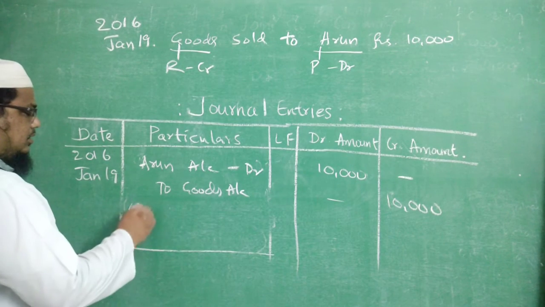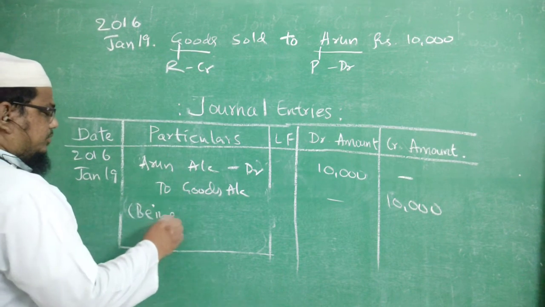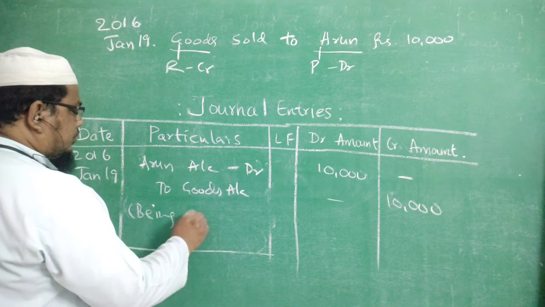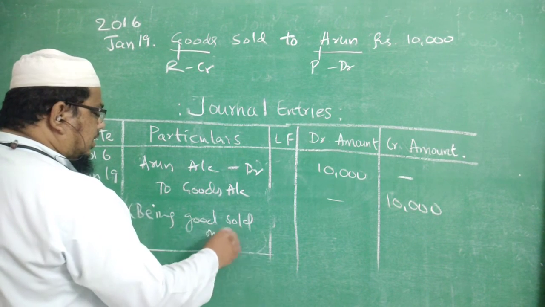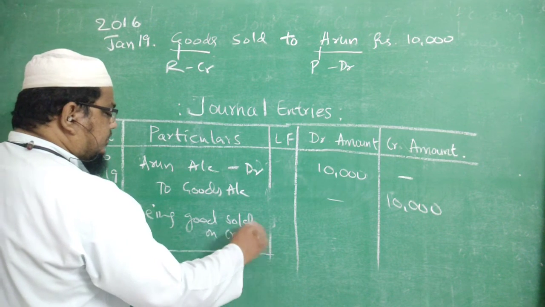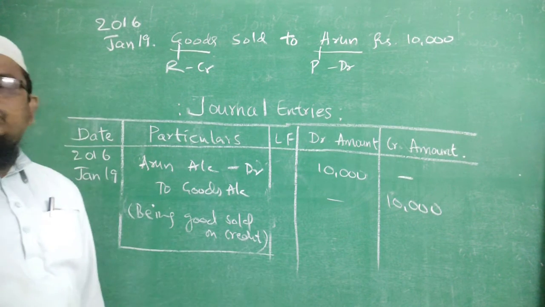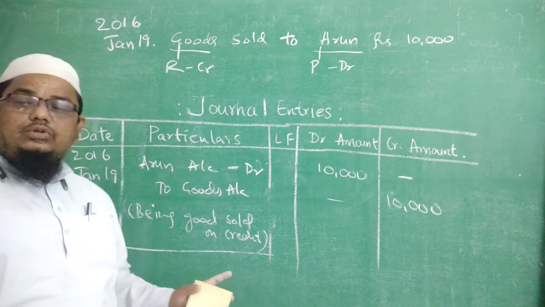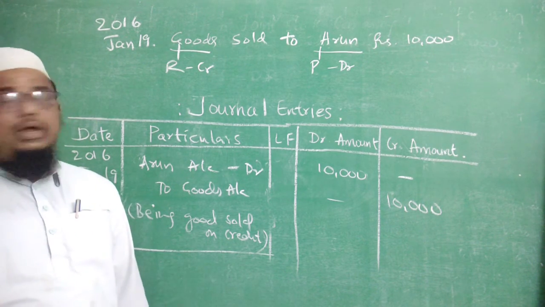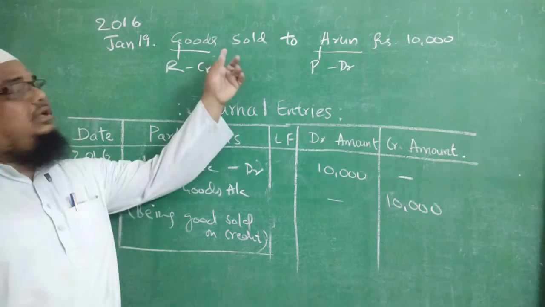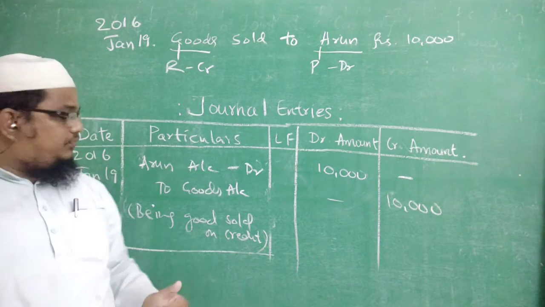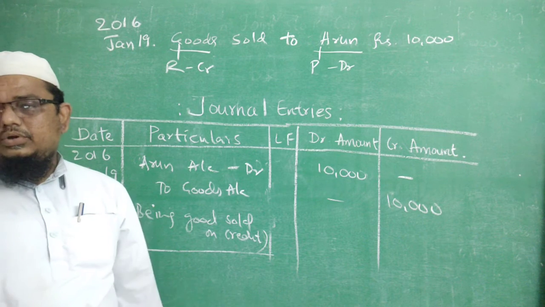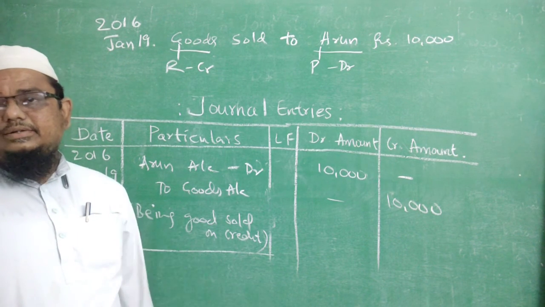So here, being goods sold on credit, or you can write being goods sold, or you can also write being goods sold to Anand. See, whatever is there in the transaction, we are forming a meaningful sentence and writing it here, in a reported manner.